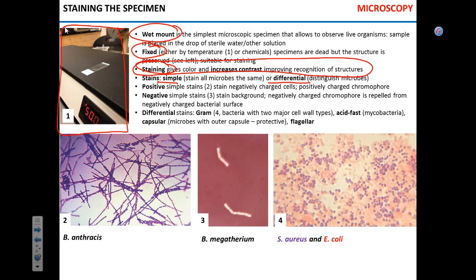Let's talk about simple stains for a second. So positive stains, chemically, they consist of a molecule of a dye that is charged positively. And they stain the negatively charged surface of the cell.